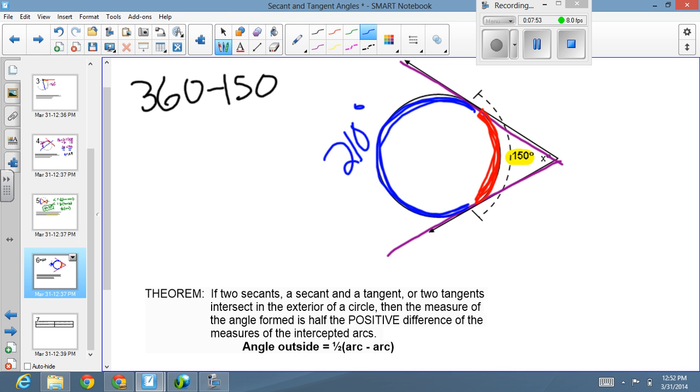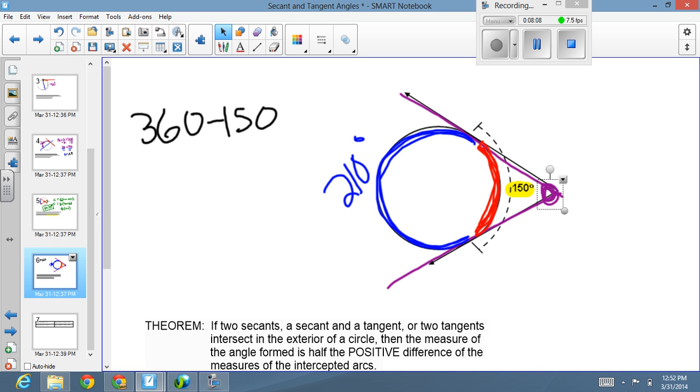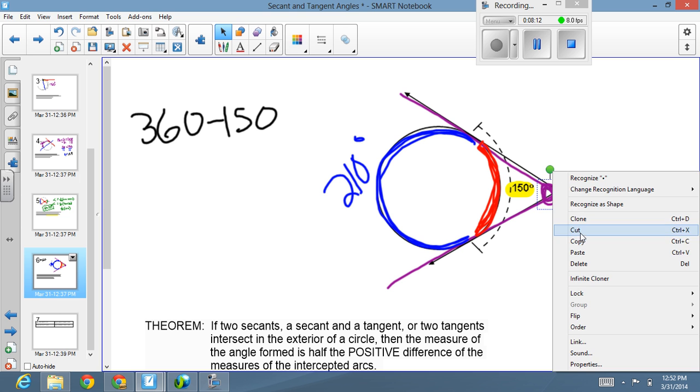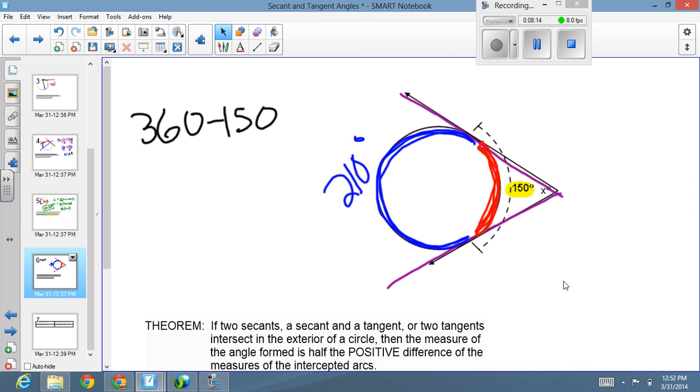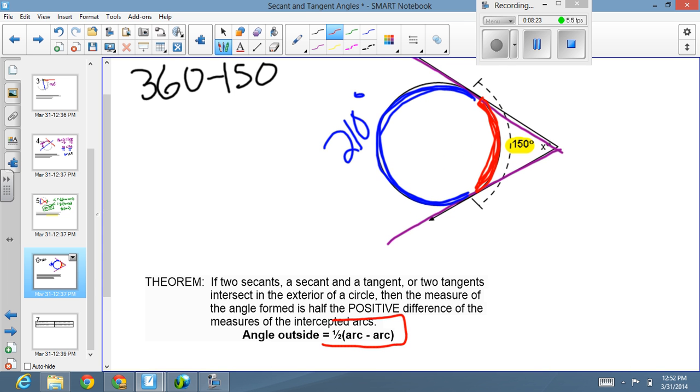Okay? Now I'm looking for this angle out here. This angle right here. That's what I'm looking for. Let me go ahead and get rid of that because I just covered up the fact that I was looking for x. I covered up x. Let me cut that out of there. So what I'm looking at now is the angle being half of arc minus arc.